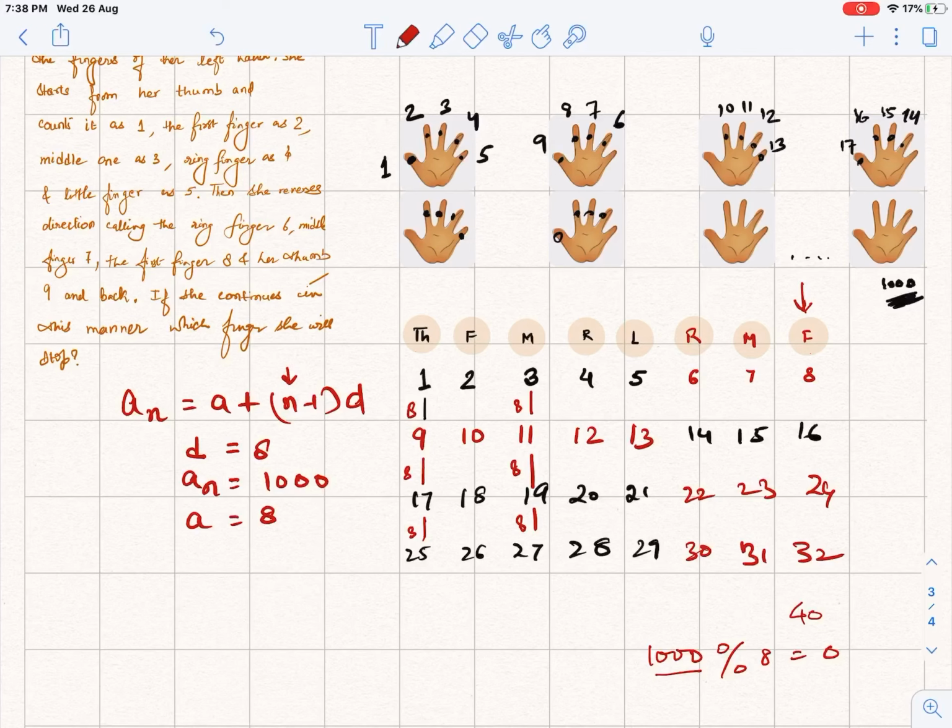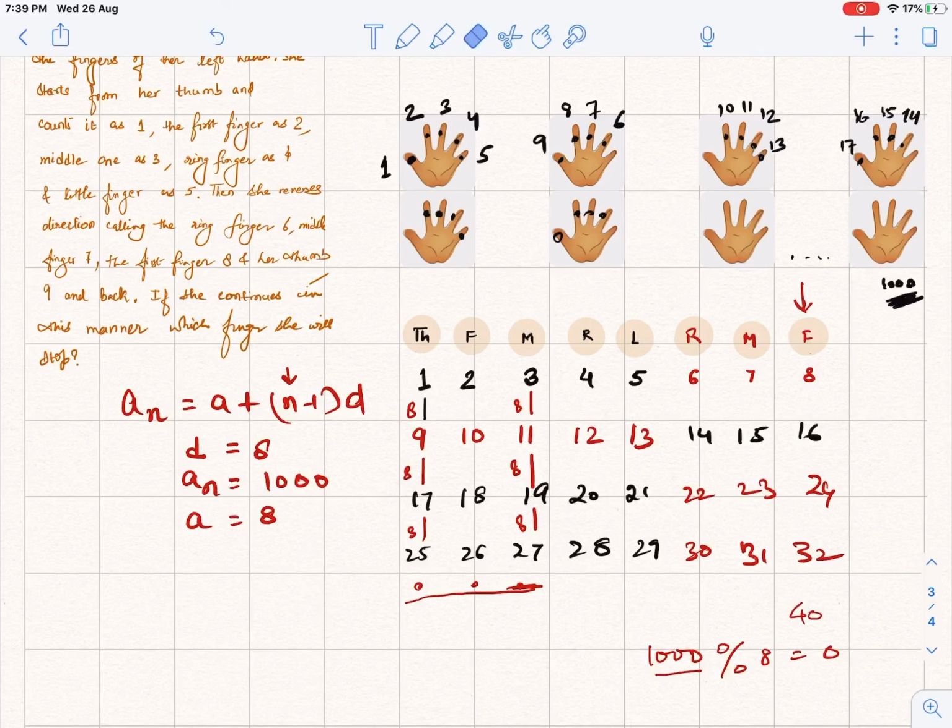So n would tell me how many steps away from the first finger my 1000 would lie. For example, if n is 3, then 1000 would lie 3 steps away from the first finger, which would be the middle finger. This is just an example.